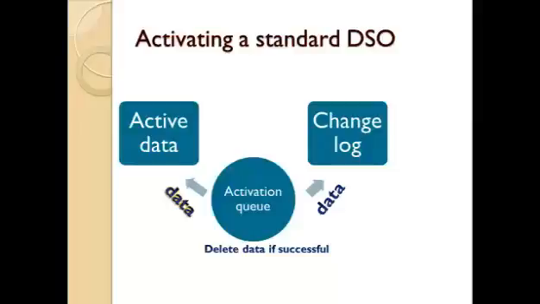Okay, and not only that, data will be deleted from the activation queue table if the activation is successful. Okay, so after activation, the activation queue table will be empty. If everything goes well, there's no errors, then the queue table will be empty.